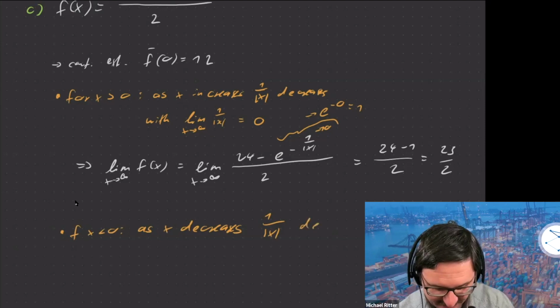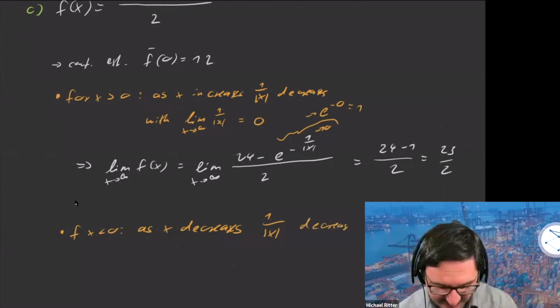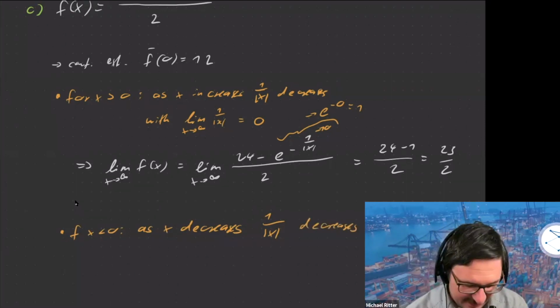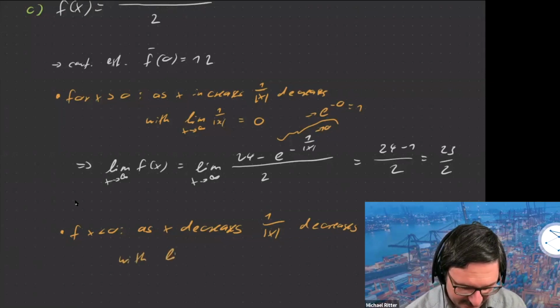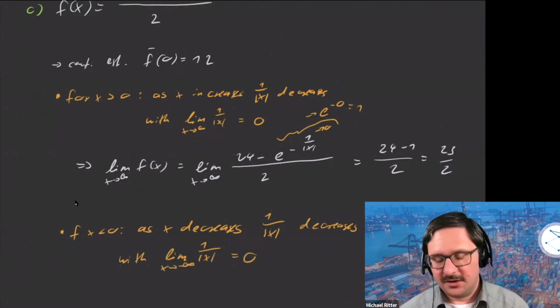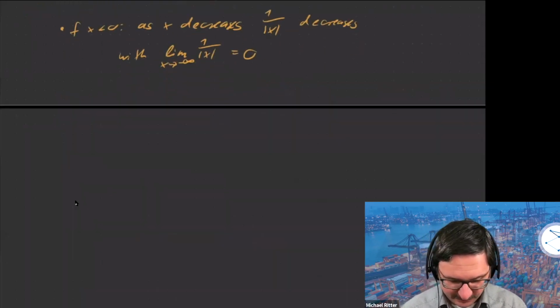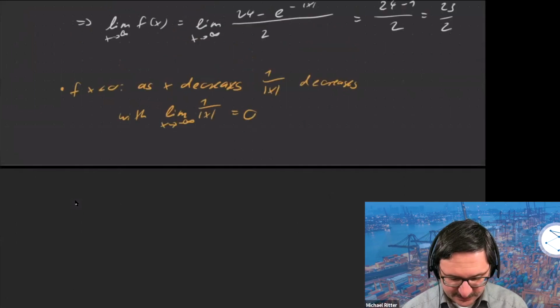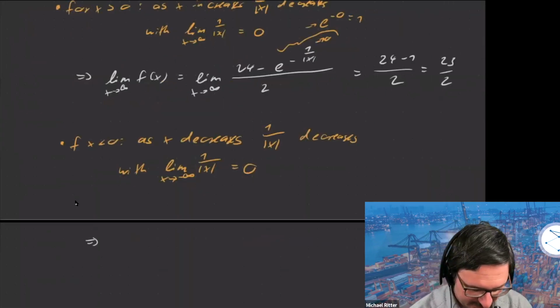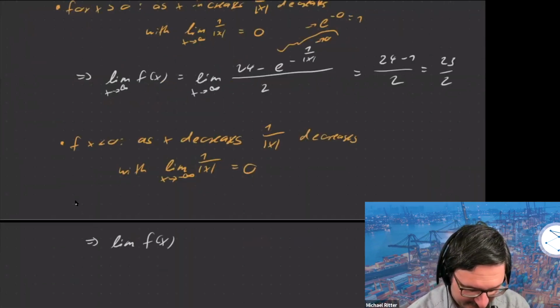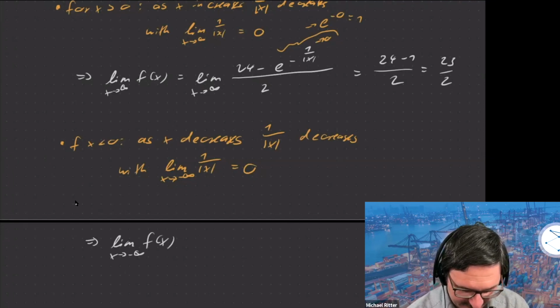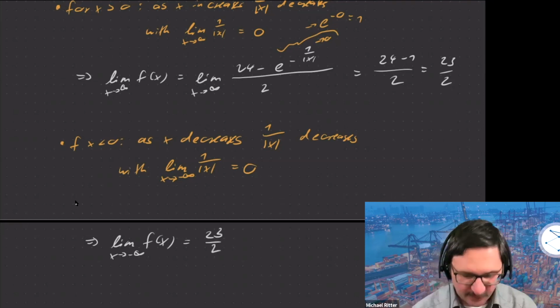So again, this fraction will decrease. And again, we can conclude the limit of 1 over the absolute value of x for x to minus infinity must be 0 as well, because due to this absolute value, the sign does not matter at all. So same result. The limit of f of x as x tends to minus infinity is also 23 over 2.